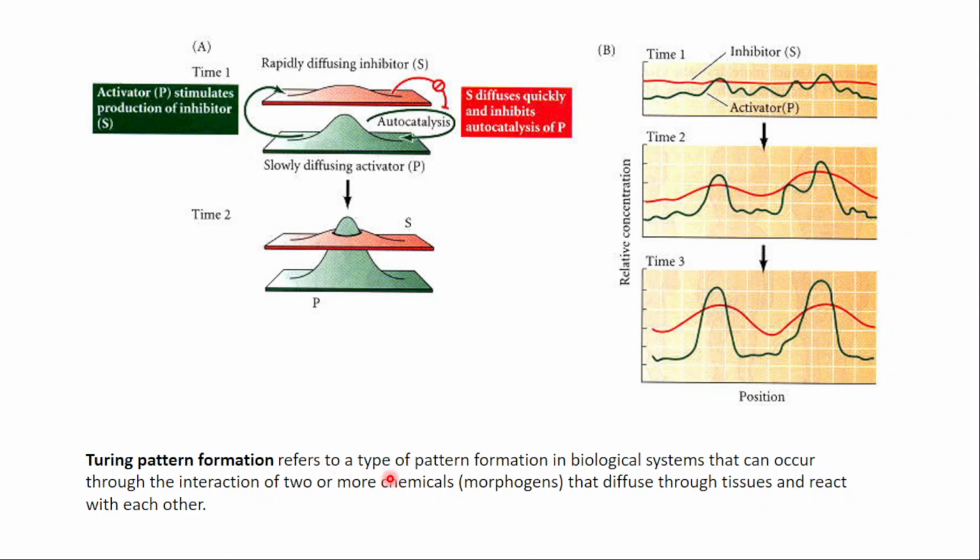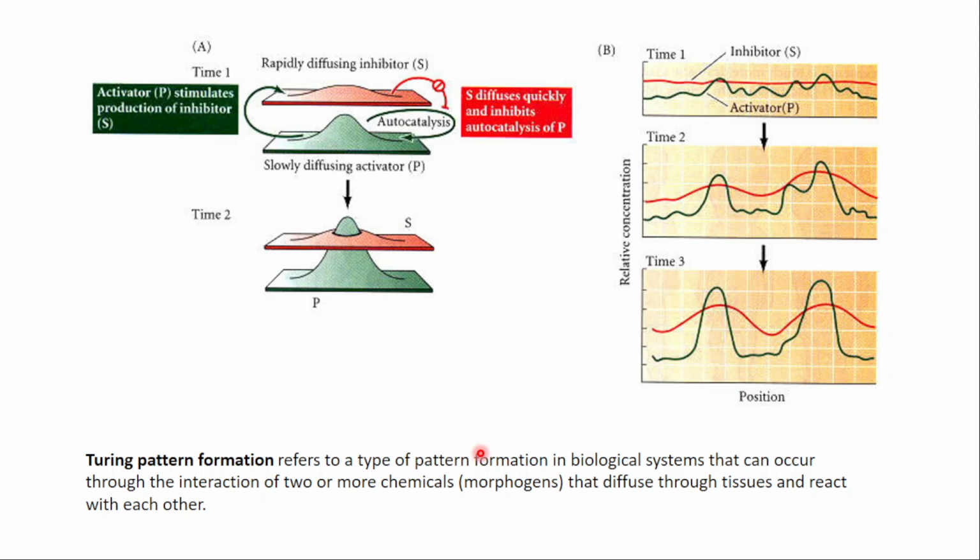Turing pattern formation refers to a type of pattern formation in biological systems that can occur through interaction of two or more morphogens that diffuse through tissues and react with each other. During the morphogen lecture, Professor Subramaniam has mentioned this, and this is also known as Turing pattern formation.